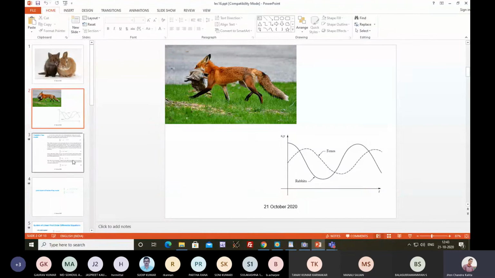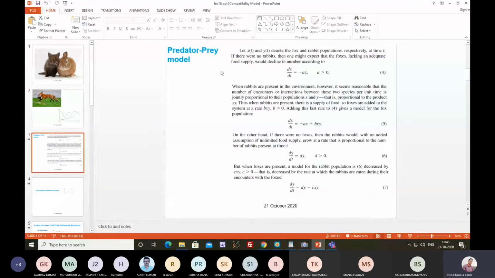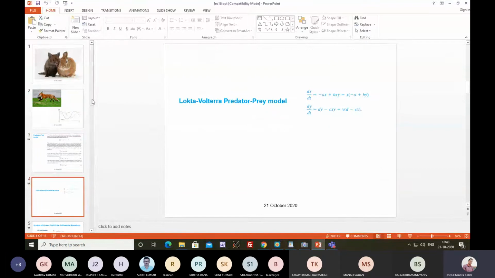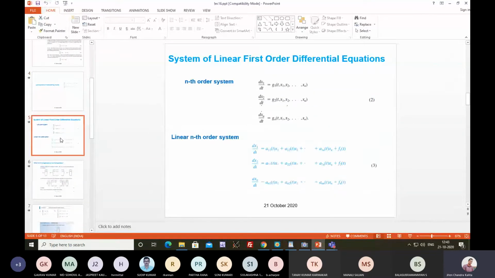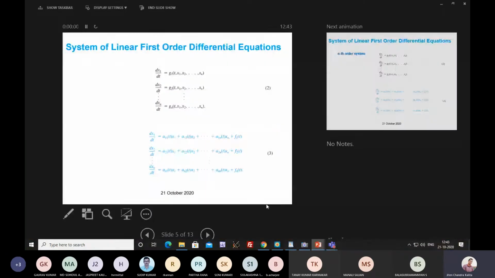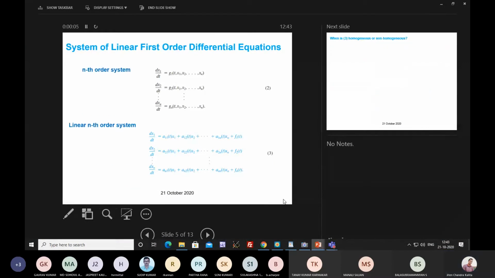This I have already shown to you and explained. This is nothing but the Lotka-Volterra predator-prey model. Here, in system of equations 2, we are going to assume that they are non-linear.